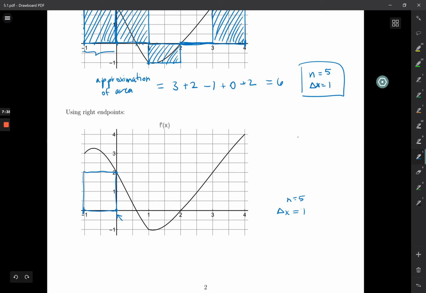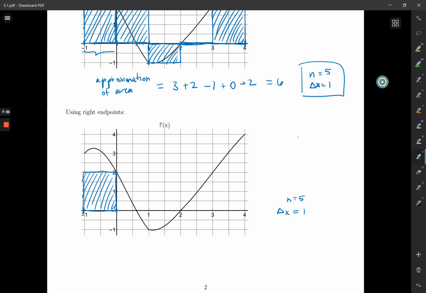So for this interval from -1 to 0, we used the right-hand endpoint to find the height of the rectangle. And so that's going to give us this rectangle right here.